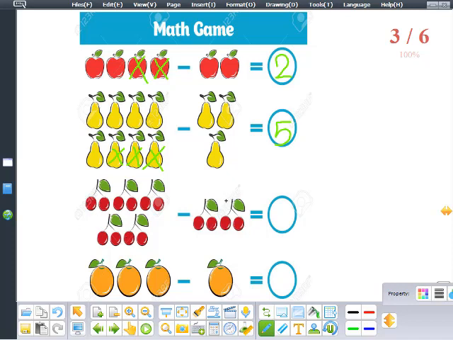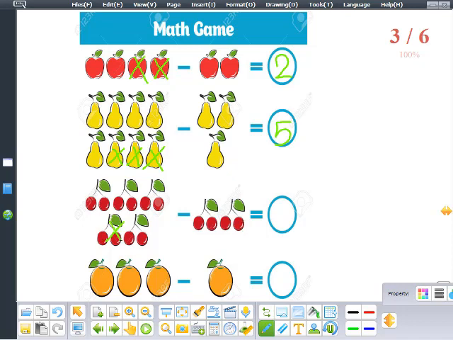Now let's count these cherries. 1, 2. So I subtract 2. This sign is minus. When I have minus, it means I subtract. Here we have 5. When I subtract 2, I make a cross on 2.